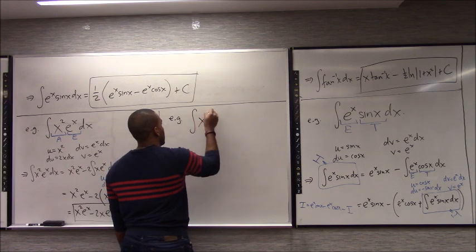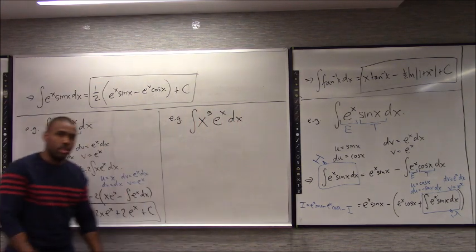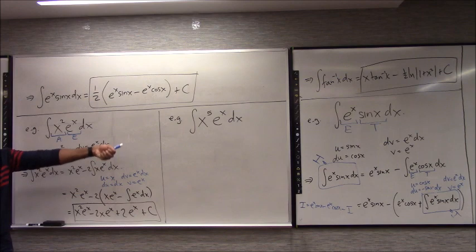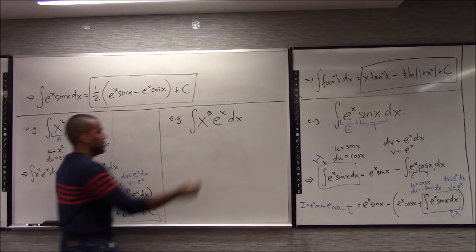What if I had x to the 5th e to the x? Are we gonna do tabular next? We're going to do tabular next because, as you can probably tell, that's going to be super annoying.